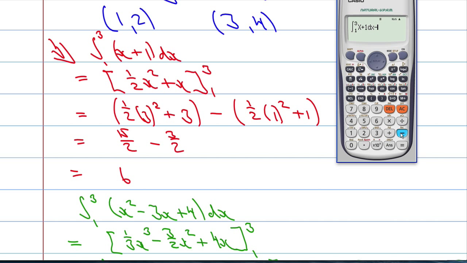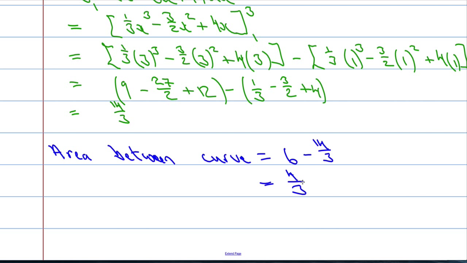And then what I want to do is take away the green area, so take away the integral between 1 and 3 of x squared minus 3x plus 4, and we get 4 over 3. Absolutely brilliant. 4 over 3, which is what we calculated ourselves. So the calculator is great for a check there.